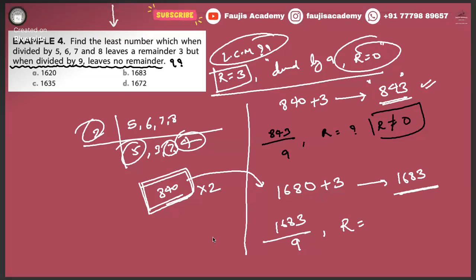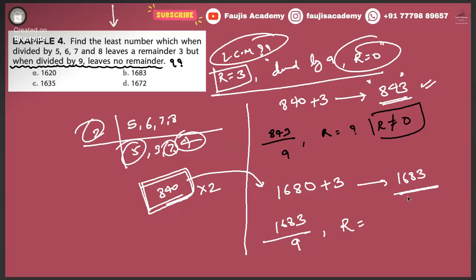Sriyamna, what is the remainder if you divide 1680 by 9? Quick, guys, quick. Bharat, what do you think? 1683, sorry, not 80. I apologize. So 1683 when divided by 9, what is the remainder? It's 187. Okay, I did not ask for the quotient.